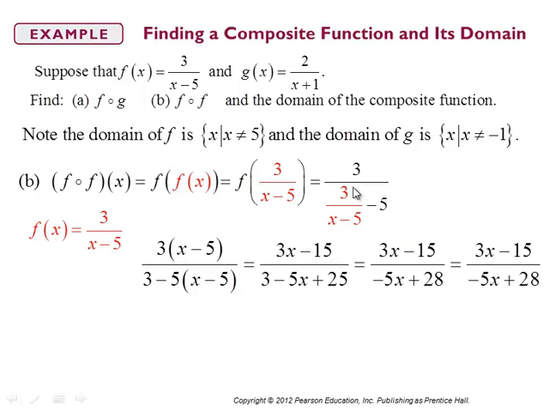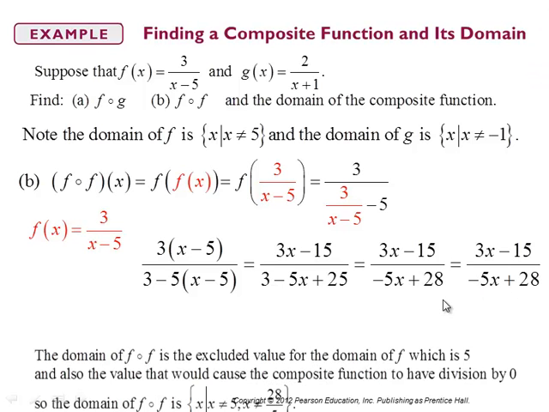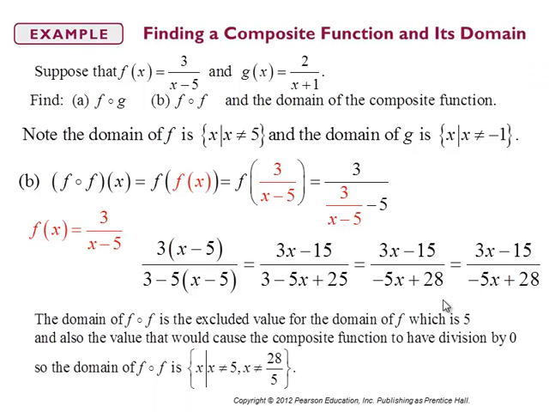If you were to set the 3 over x minus 5 equal to 0 and solve for x, you get 28/5. Or you can just do what they do, which is, after you had already excluded whatever you needed to from the innermost function, then just carry out that composition and then find out what restrictions you need for the final function, which in this case would be the same, 28/5.